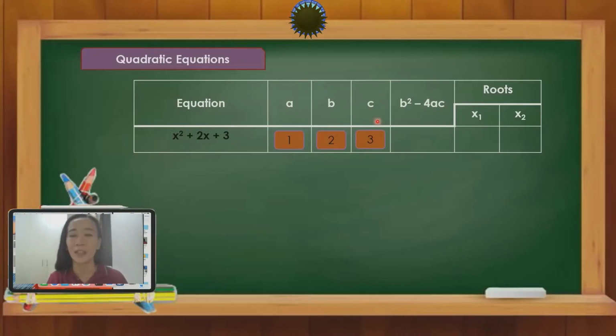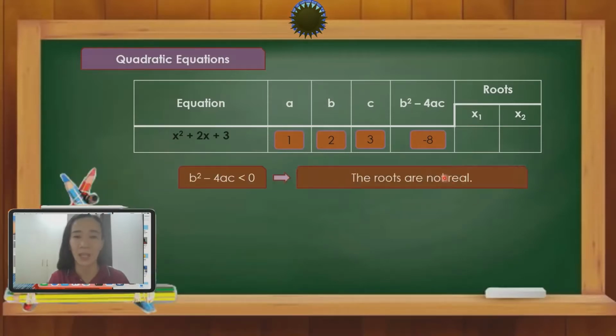What is the value of our discriminant, or the b squared minus 4ac? Great job, Guadans! It is -8. It says earlier that if b squared minus 4ac is less than 0, then the roots are not real. What do we mean by not real?